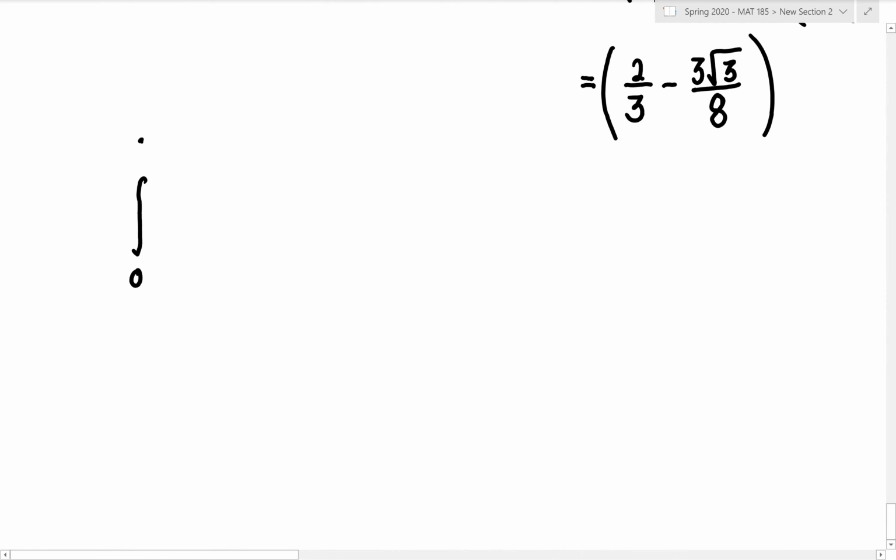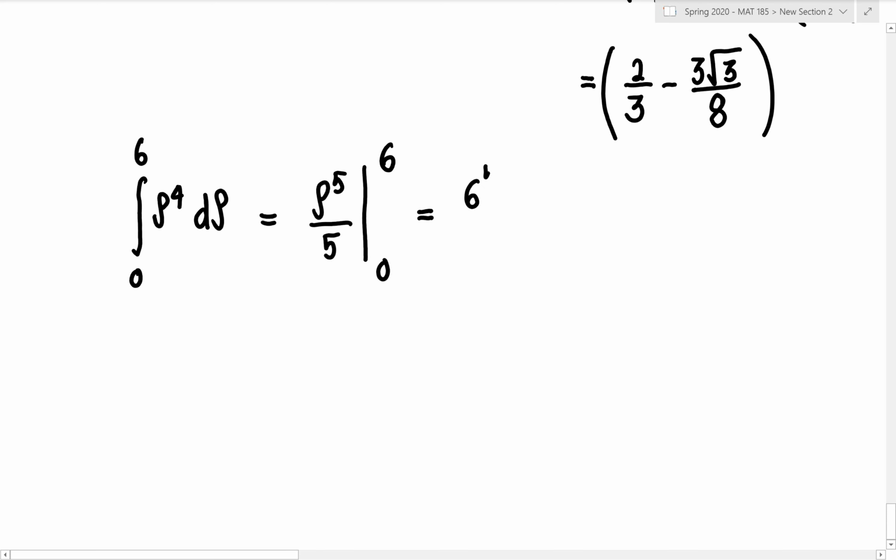We're integrating from 0 to 6 of rho to the 4th d rho, and that becomes rho to the 5th over 5 from 0 to 6. So this becomes 6 to the 5th over 5.